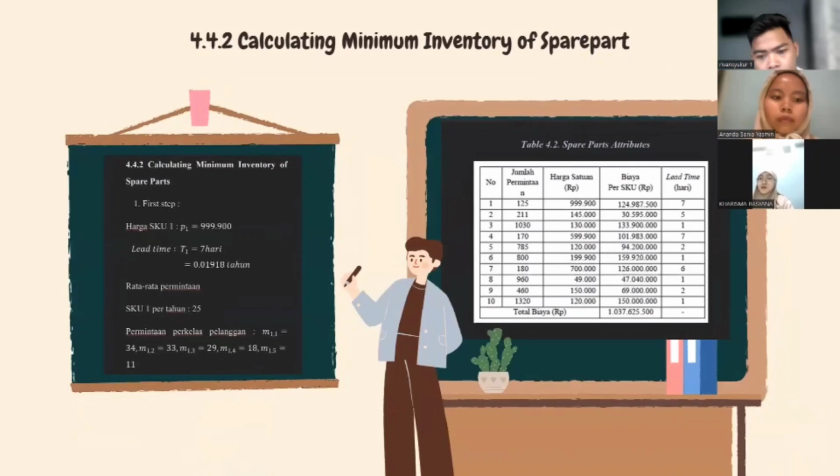So this is 4.4.2, calculating minimum inventory of spare parts.